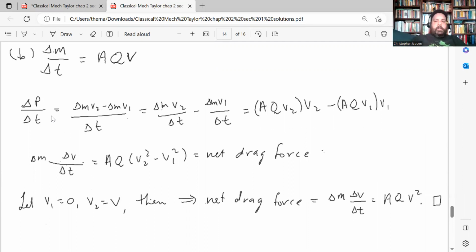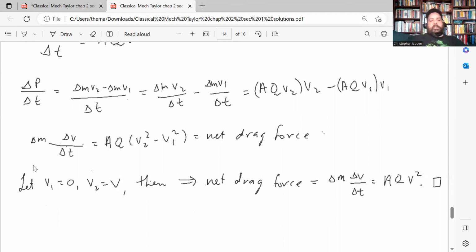Here you can just break it up into the change in the two momenta, which gives you A Q V2 times V2 minus A Q V1 times V1, because delta M over delta T is A Q V in both cases. Simplifying, that is A Q times V2 squared minus V1 squared.